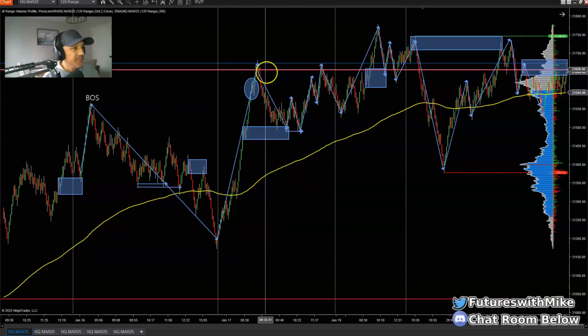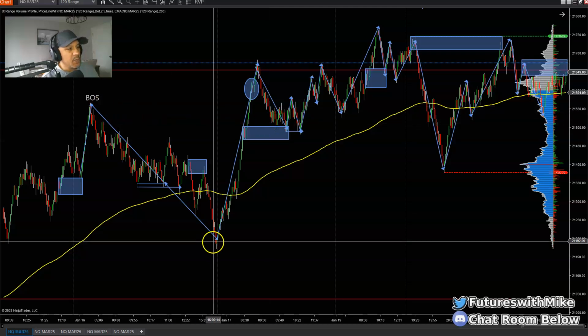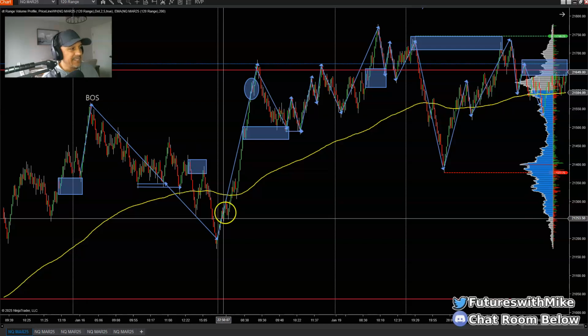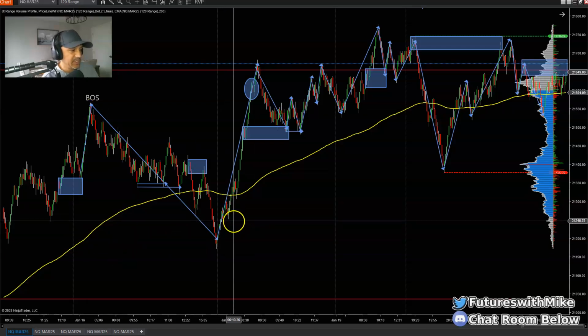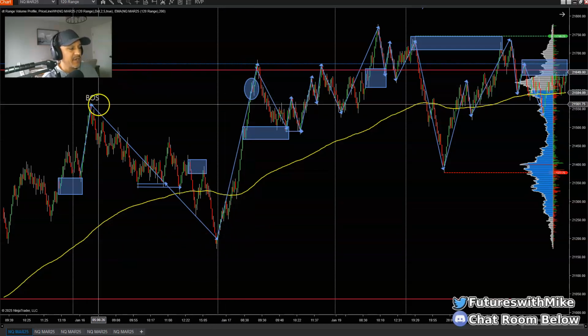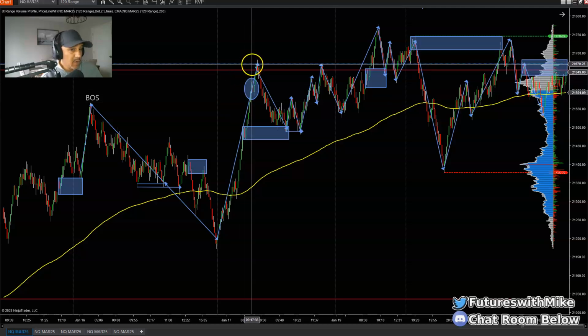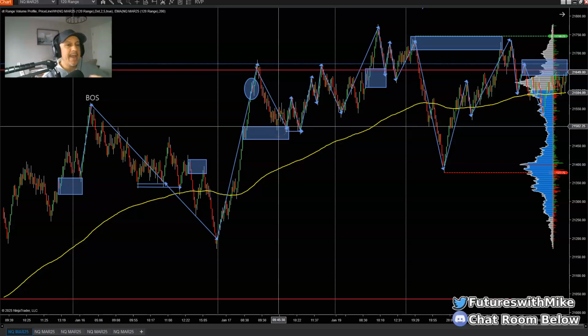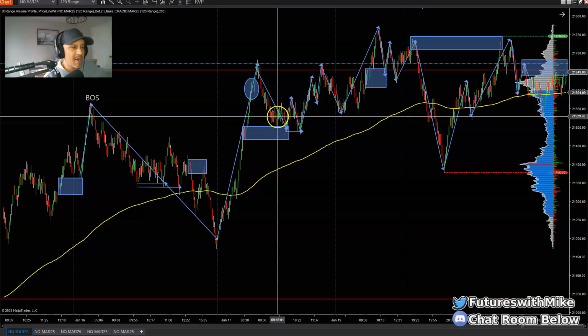Like right here, this was a beautiful pullback, even though you would have had to wait a day. This was the 16th, this was the 17th, it finally broke that major high. If you can wait, these are beautiful areas to look for opportunities after the market breaks a major high or major low.